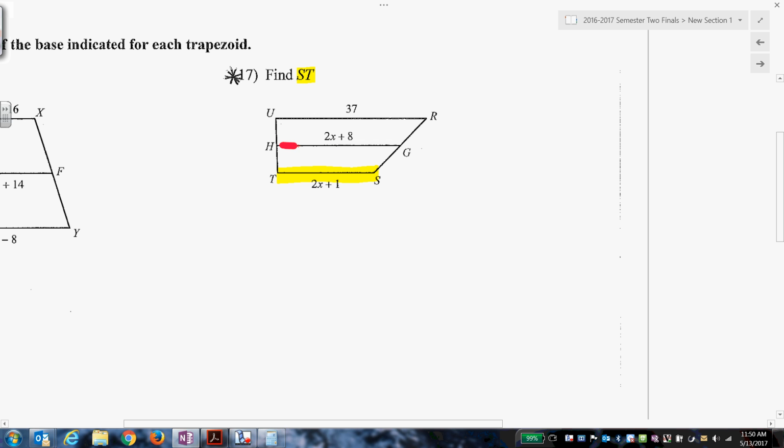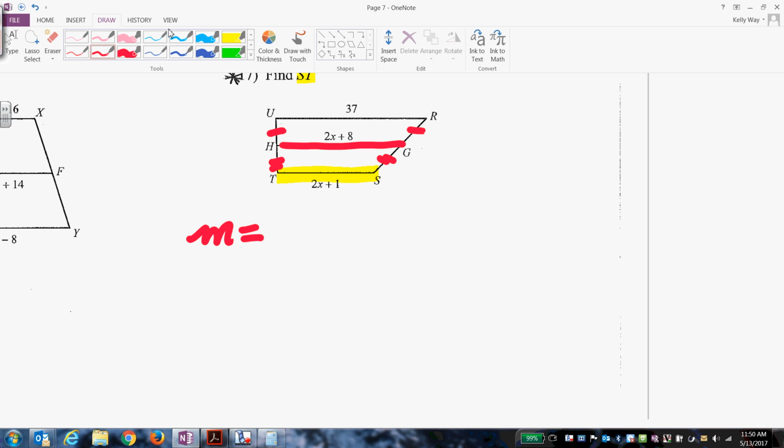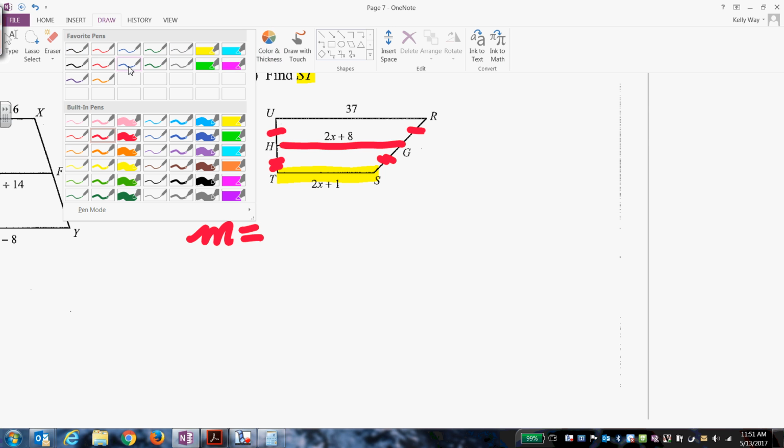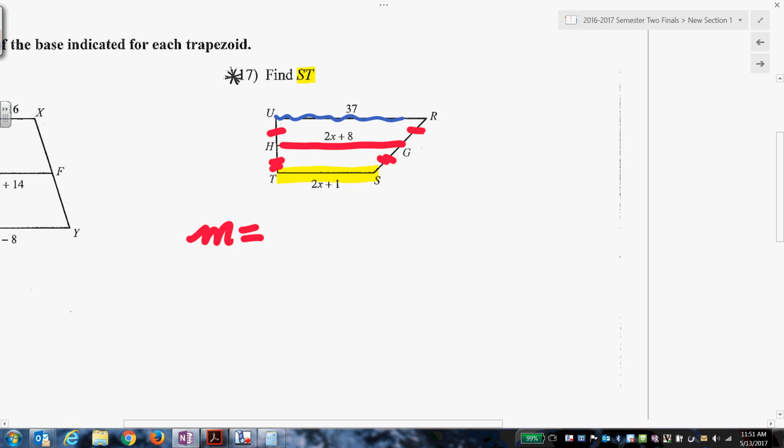This is the median. So the median equals the average of the bases, which are the 2 parallel sides.